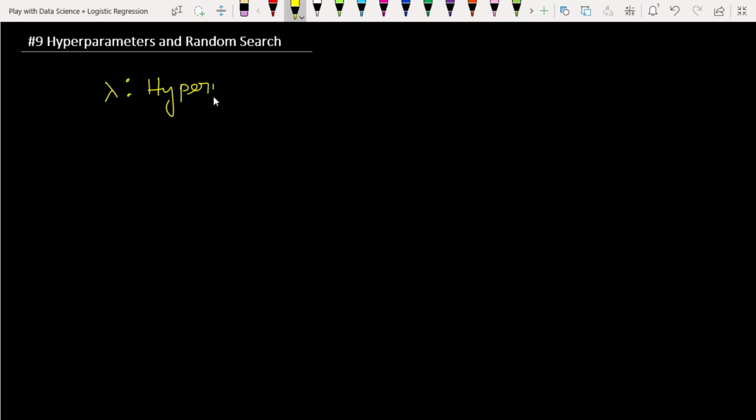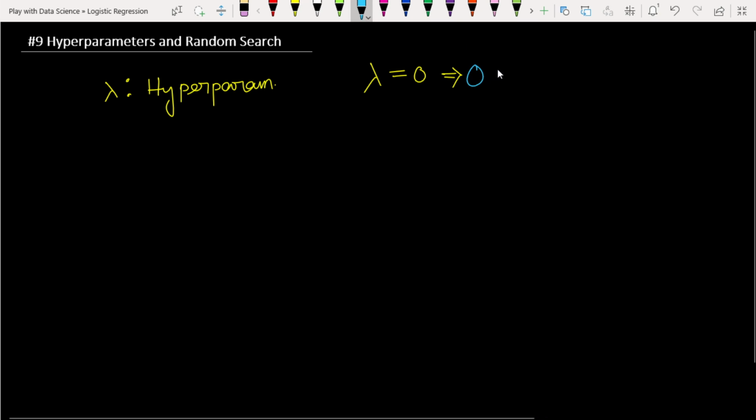Hyperparameter. In short, I am just writing hyperparameter. We already know that if our lambda is equal to 0, then our model is an overfitting model.